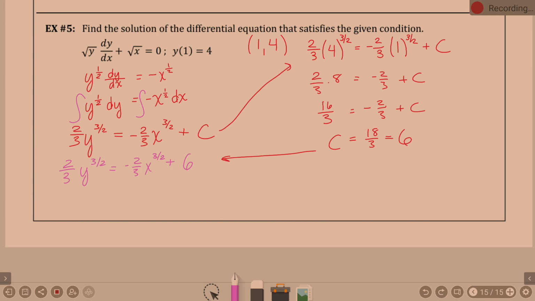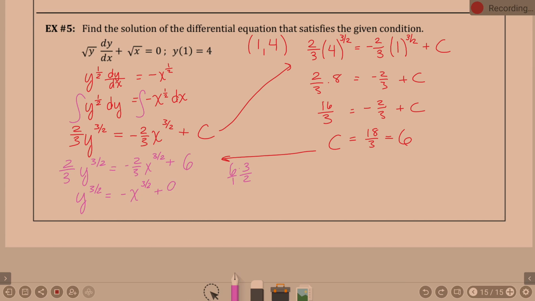So if you multiply by 3 halves, y to the 3 halves equals negative x to the 3 halves. And then, what is 6 times 3 halves? 9. 18 halves, which is 9.